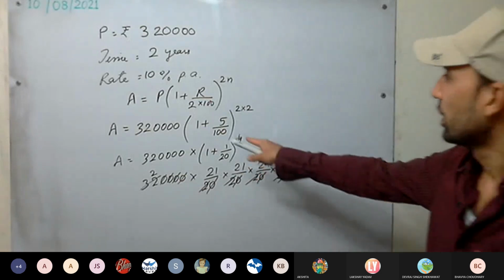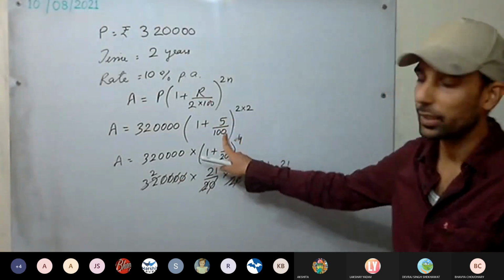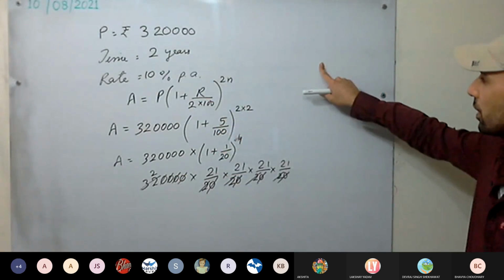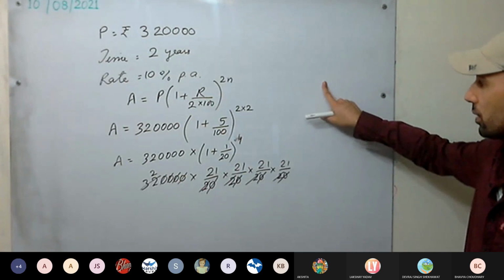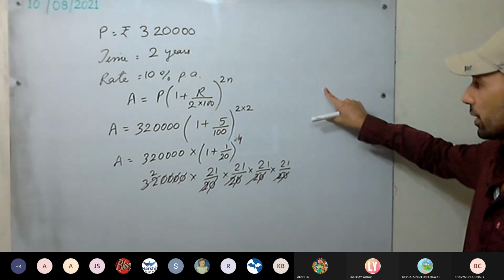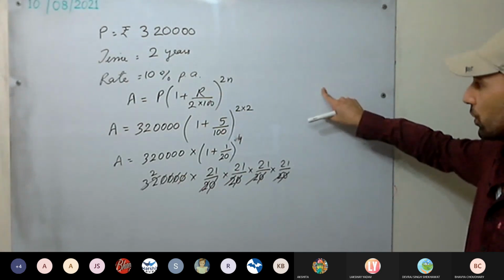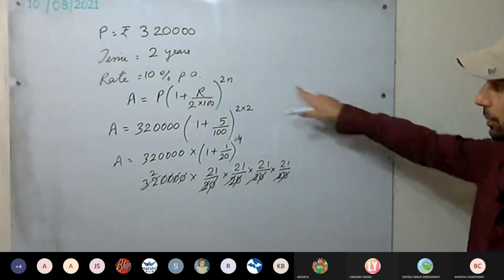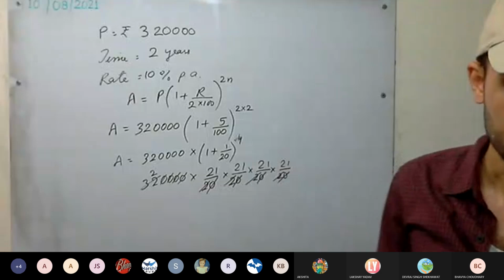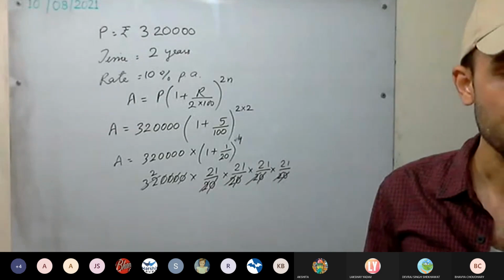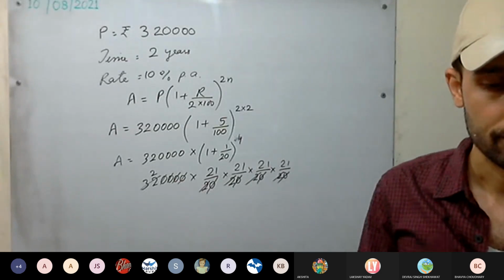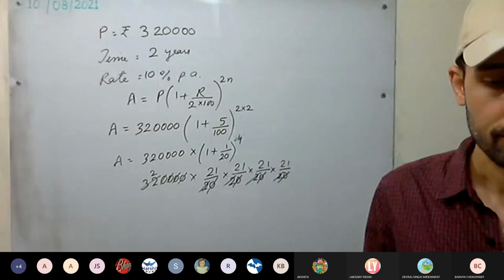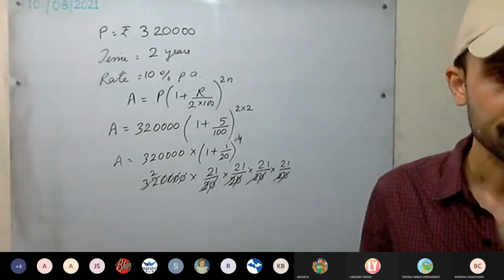Similarly, we could have reduced here in the last equation, that is 1 plus 4 upon 100, which is 1 upon 25. Okay, so 26 upon 25 will come in the calculation. How much are you getting? Everyone calculate it.